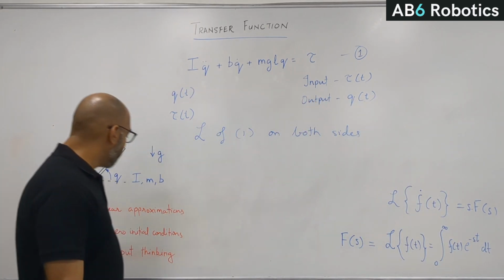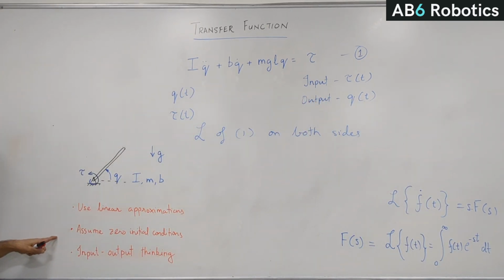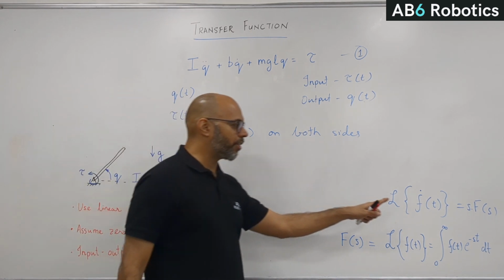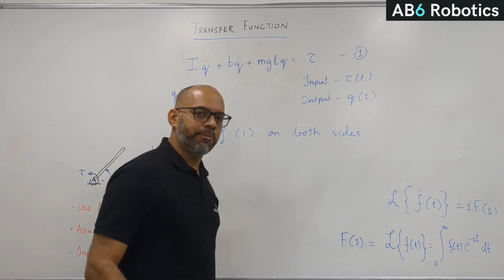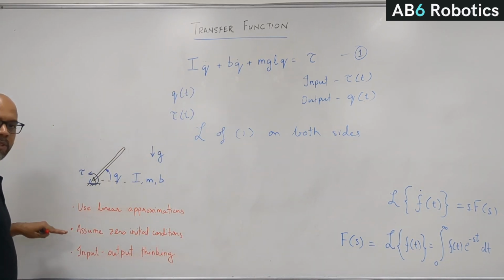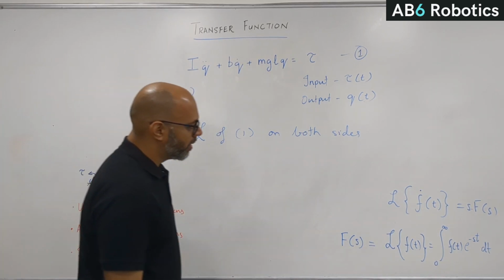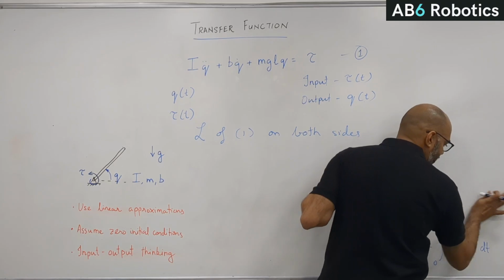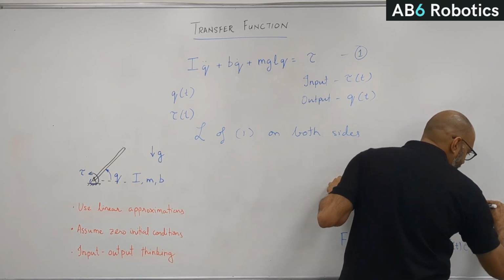But this is only true under this assumption. If the initial conditions are not 0, you do get another term. But we don't need to worry about it because we have already made this assumption. So s F of s.